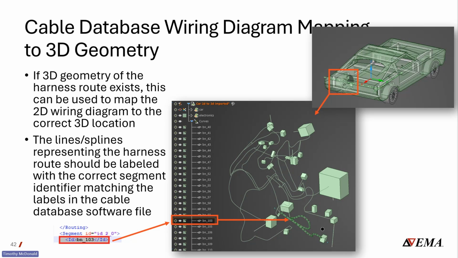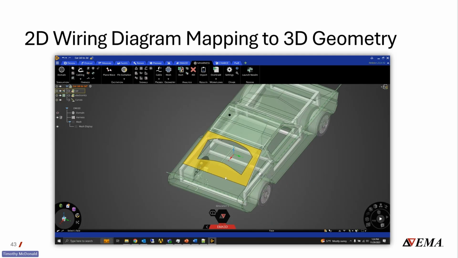We're able to consume those file types and automatically create the wiring information and map that over to the routing of the cables. The cable routing is typically, not always, contained within the CAD mechanical design, and the wiring information is in cable database software. So having a tool that can marry those two together is often very important.